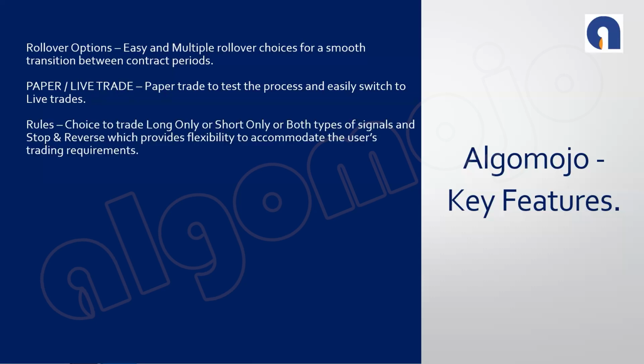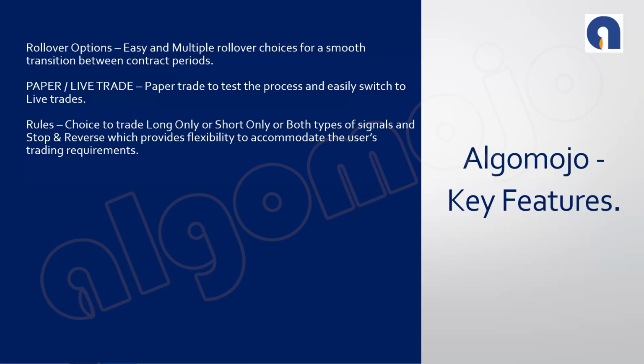The most important part is selecting the correct rule which matches the strategy that you are running in any of the charting platforms like Amibroker or TradingView. What we have normally found is that if there's a mismatch between the rule selection and the way the strategy works, then you could end up with wrong orders or a mismatch in the orders that would be getting placed.